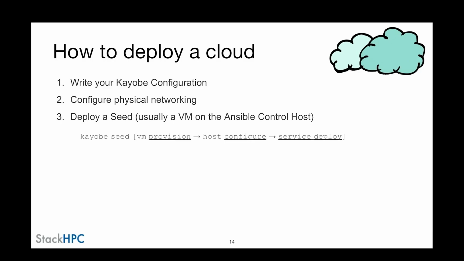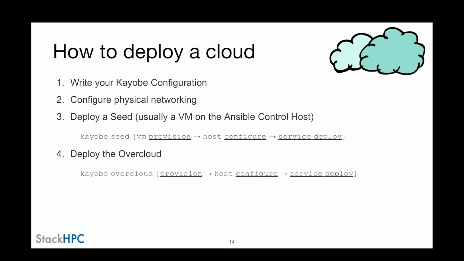And then the host configure will prepare the node for running containers as well as running OpenStack services on top, and any other configuration that you want on the operating system level. And then finally, service deploy, which will include pulling down any containers and then actually running those containers with the configuration that has been defined in your KOB config.